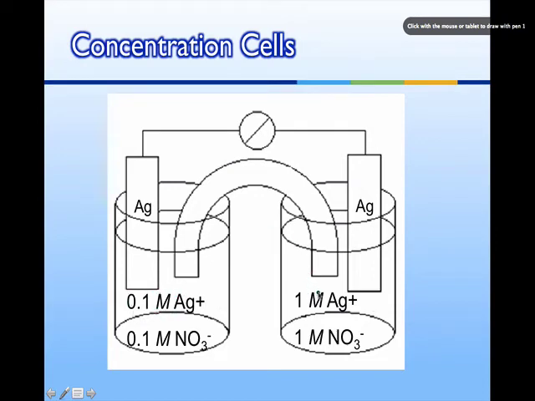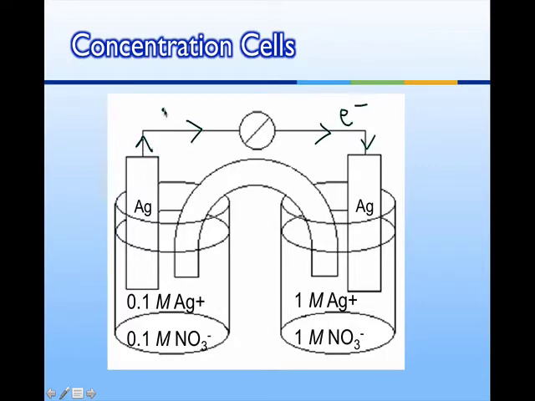In order to make this 1 molar go down, I need to get rid of silver ions. So the electron needs to come this direction, combine with the silver ion, and be plated onto the silver electrode. That will drop this concentration. So the electrons are going to flow this way.